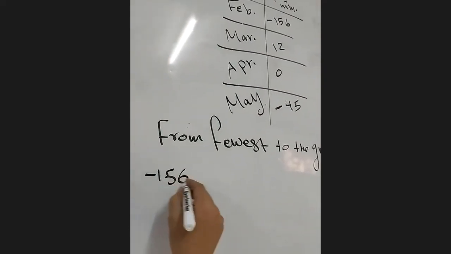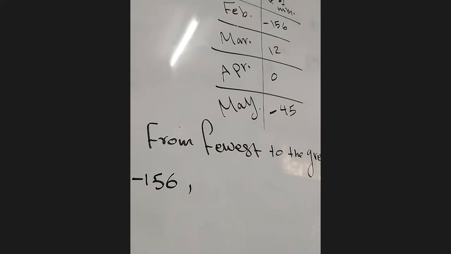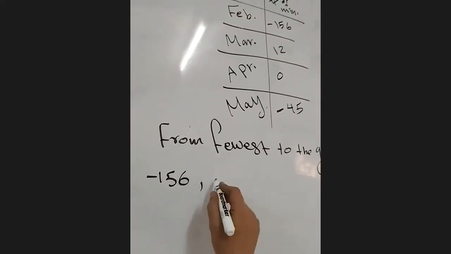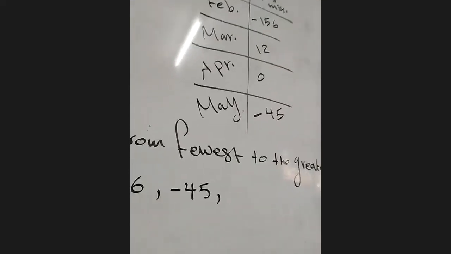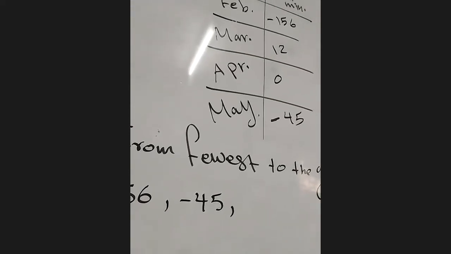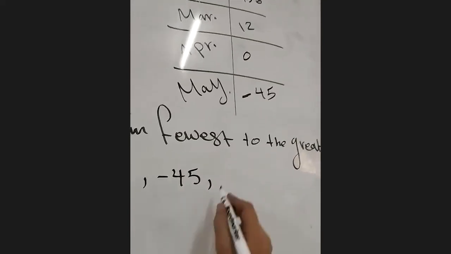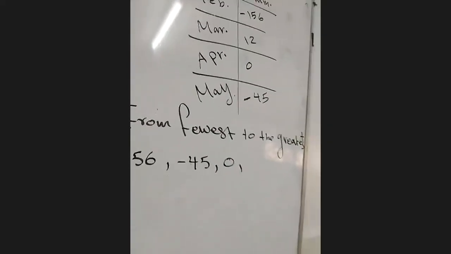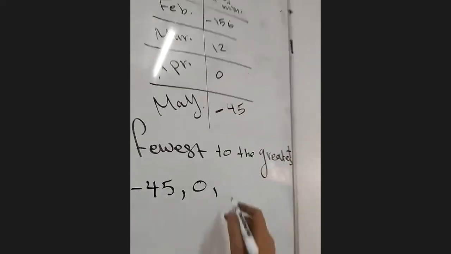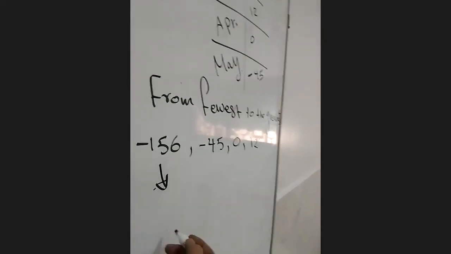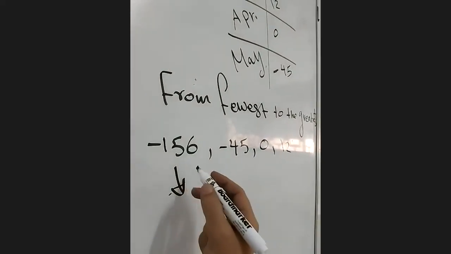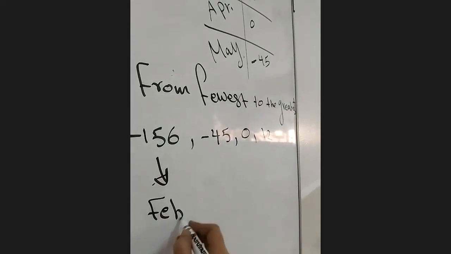February. Then negative 45, May. Then 0, April. Then March, 12. Now, like this, guys, I will write arrows and write the name of the month for each. For negative 156, February.